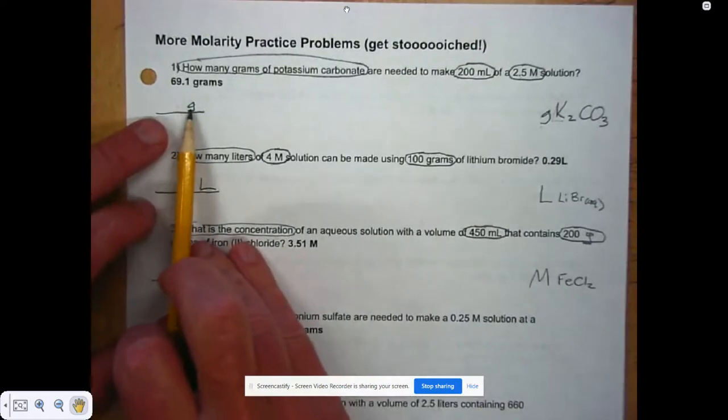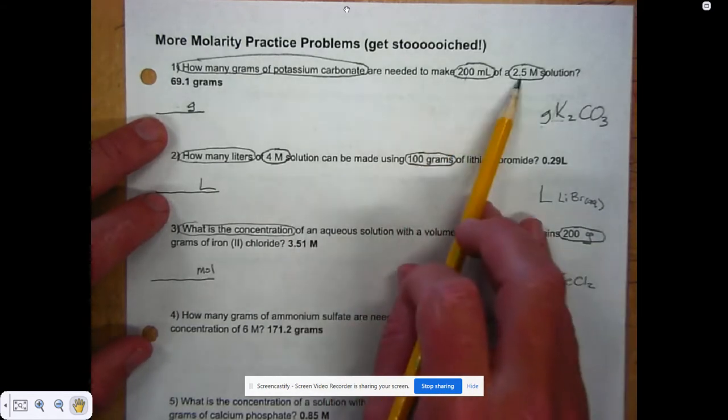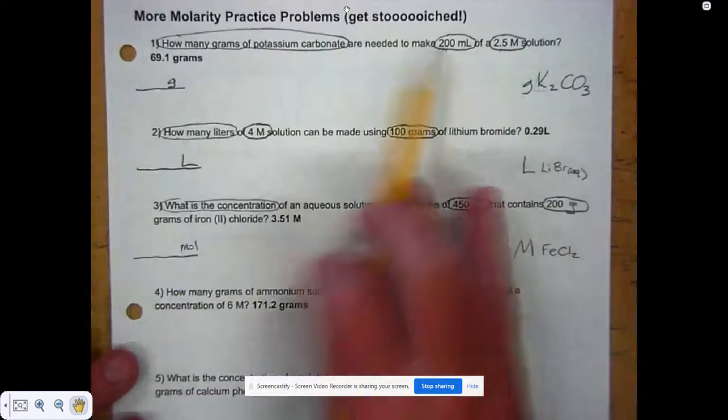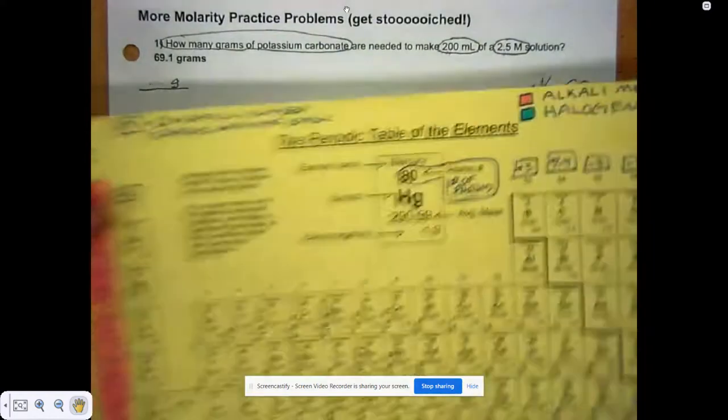So which one of those three has to do with grams? Does 200 milliliters have to do with grams? No. 2.5 molar, 2.5 moles per liter. Does that directly have anything to do with grams? No. So it's not this number we're going to put here, and it's not this number. It's the molar mass of potassium carbonate.